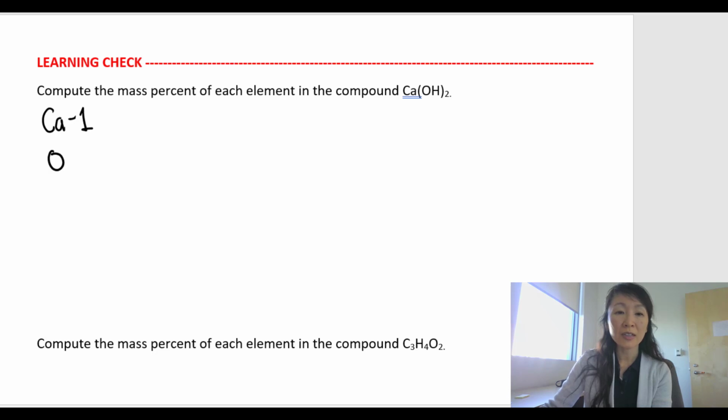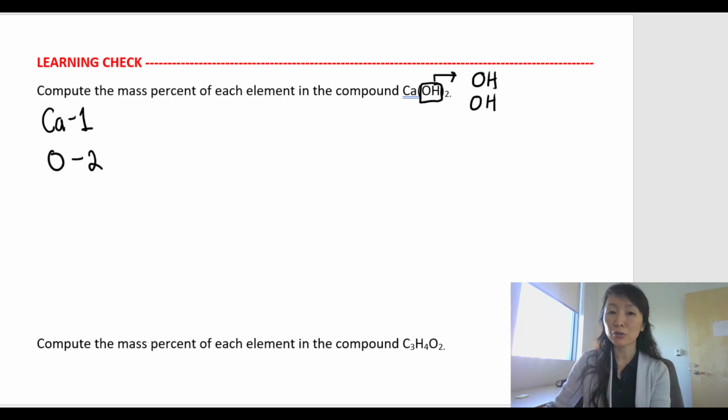For oxygen, there are 2 oxygens. Why? If you look over here, this indicates that there are 2 of the hydroxide. That means there's OH and another OH, hence there are 2 oxygens. And for hydrogen, there are 2 hydrogens.